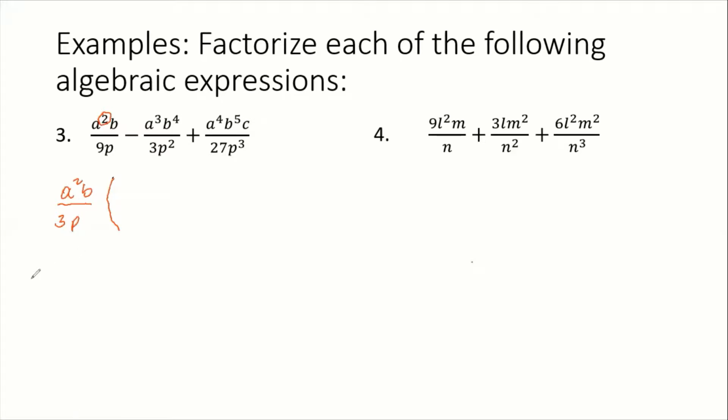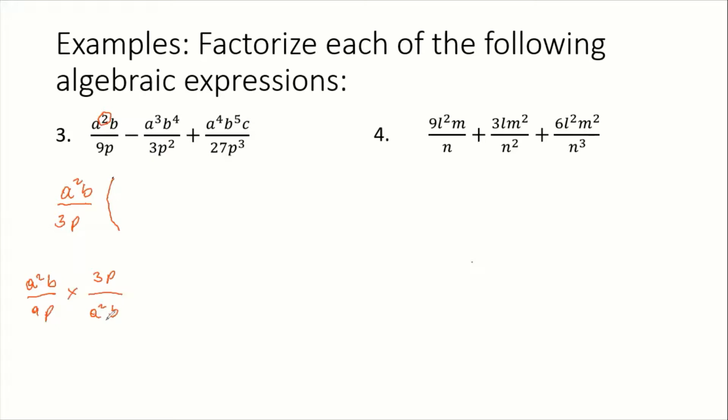So the first term would be a squared b all over 9p. And instead of dividing by this fraction, it's the same as multiplying by the inverse, which means that the denominator becomes the numerator. So it's going to be 3p all over a squared b.